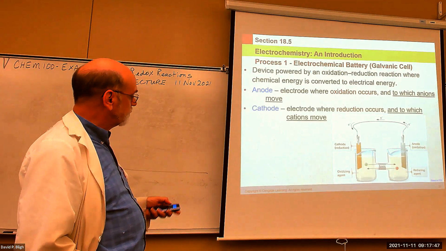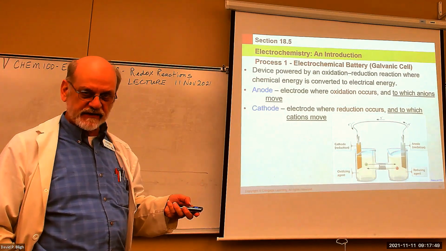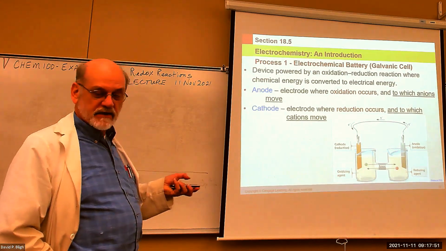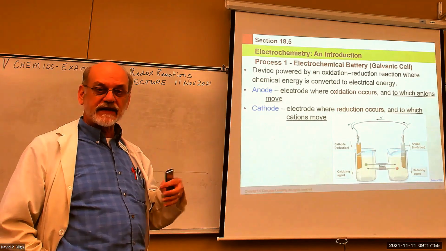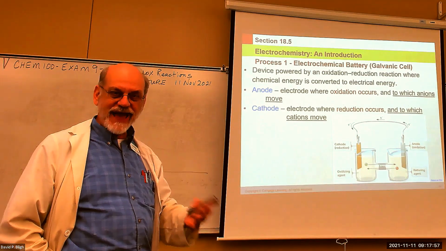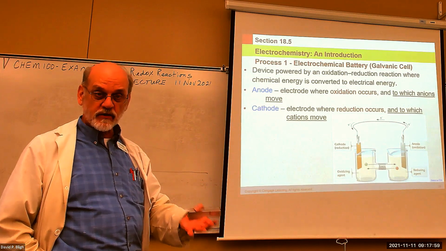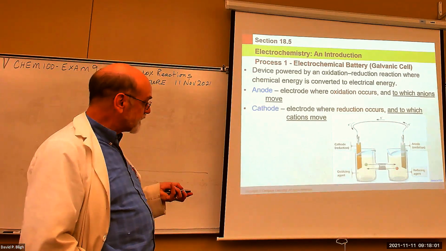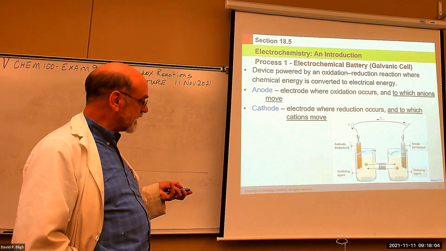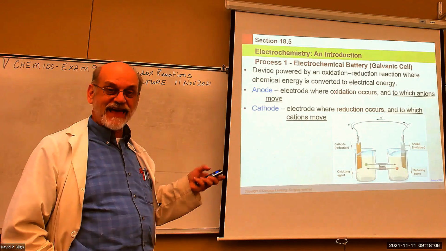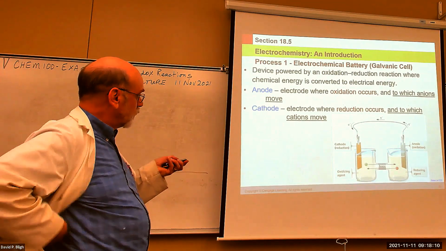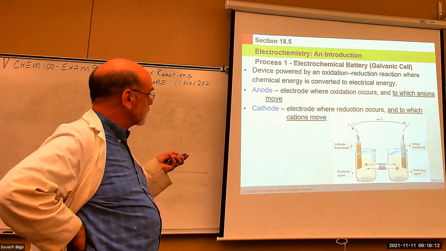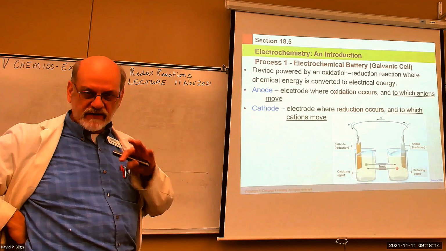The other side, where reduction takes place, where the manganese 7+ goes to manganese 2+, we have added electrons to the manganese, which means it's reduced. At this side, reduction has taken place. That's the cathode. It's always that way. Reduction means cathode, oxidation means anode, always and forever.